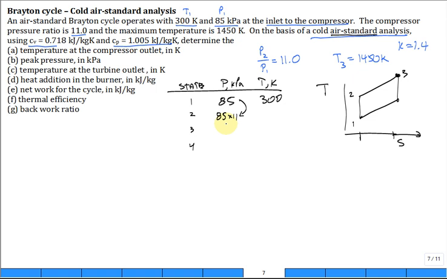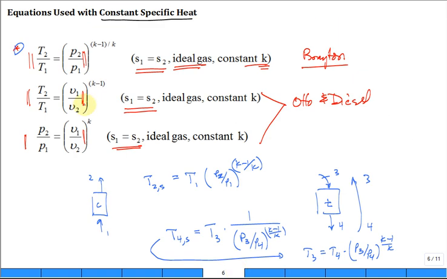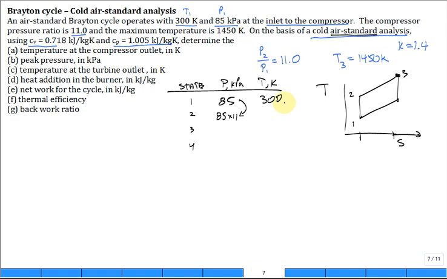How about the temperature at 2? How do I find the temperature at 2? Well, we just wrote that equation down, didn't we? It's right here. You use this analytic expression, and you apply it for the compressor, and that's how you get the temperature at state 2. True? Okay. So you get, I'm going to call it T2S.